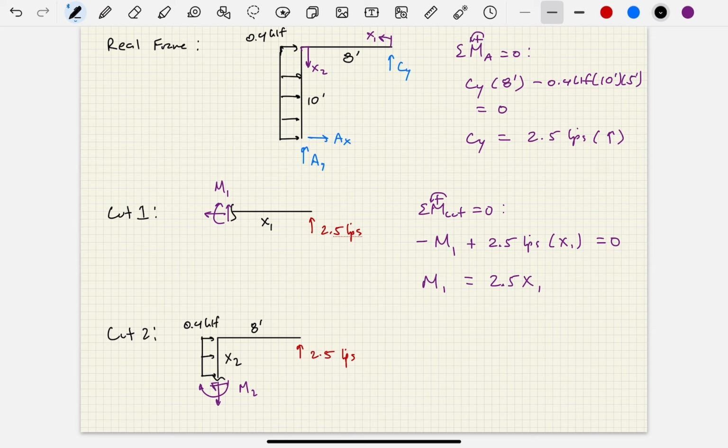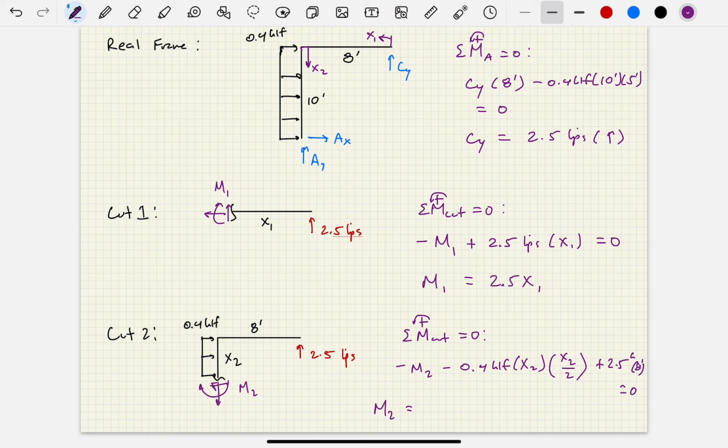And so now I'm going to use an equilibrium equation, say sum of the moments about the cut equals 0, counterclockwise positive. And so I can say negative M2, and then minus 0.4 KLF times x2 times x2 divided by 2 is that moment arm, and then plus 2.5 kips times 8 feet, all that wrapped up equaling 0.